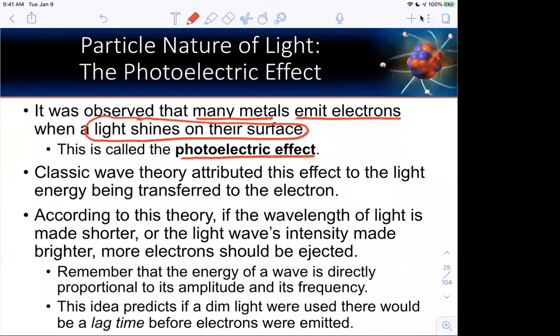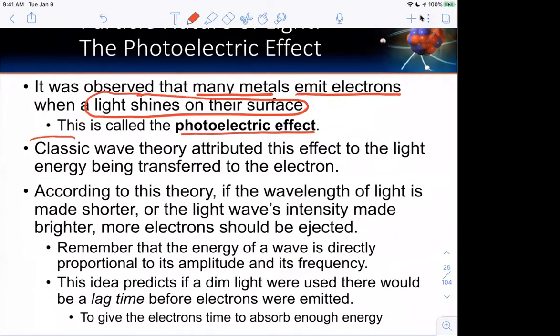Now, early classic wave theory, pre-quantum, attributed this effect to the energy in the light being shined onto the surface being transferred to the electron.